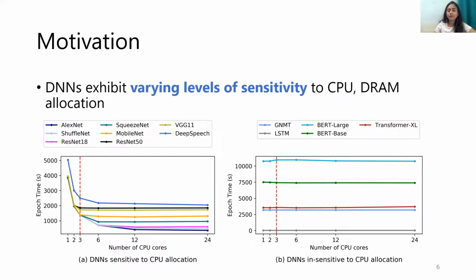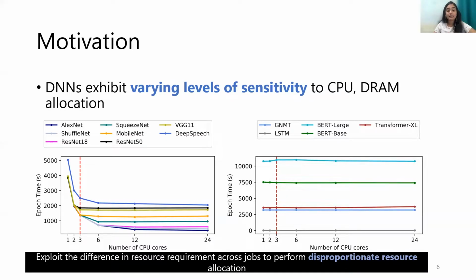In fact, if you give them lower than the default GPU proportional share, their throughput is unaffected. So our work is motivated by the key observation that different workloads have varying CPU and memory requirements. And this leads us to the central idea of our work that we can improve cluster-wide performance by performing workload-aware allocation of auxiliary resources rather than the default GPU proportional allocation.